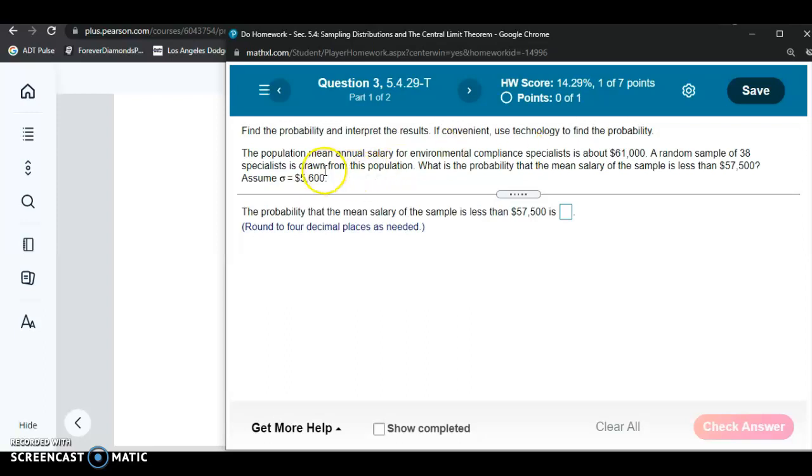The population mean annual salary for environmental compliance specialists is about $61,000. A random sample of 38 specialists is drawn from this population. The question is, what is the probability that the mean salary of the sample is less than $57,500? We're going to assume that the standard deviation of the population is equal to 5,600.